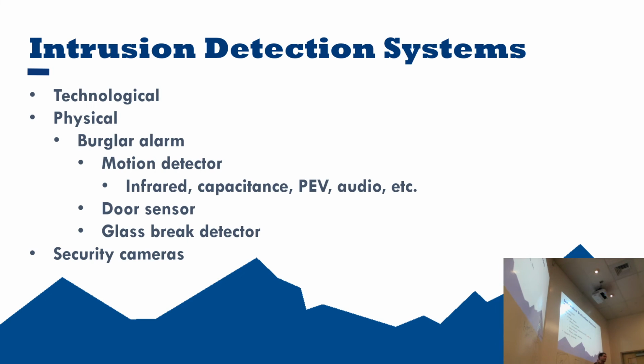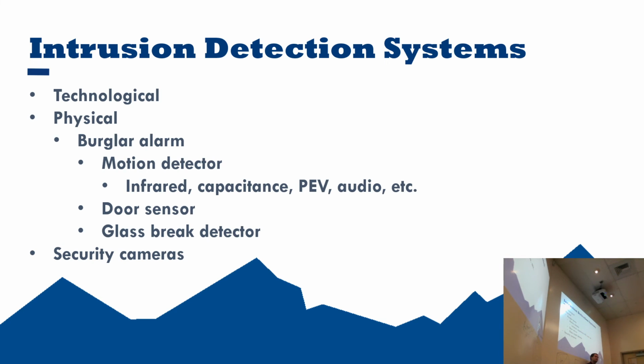Door sensor. Obviously, that tells you when a door is open. Then you also got motion detectors. Several different types of them. The most common, definitely infrared. Infrared, of course, is looking for changes in the infrared spectrum, so things like body heat, for instance. Capacitance. So that's looking for changes in, I think, electricity.